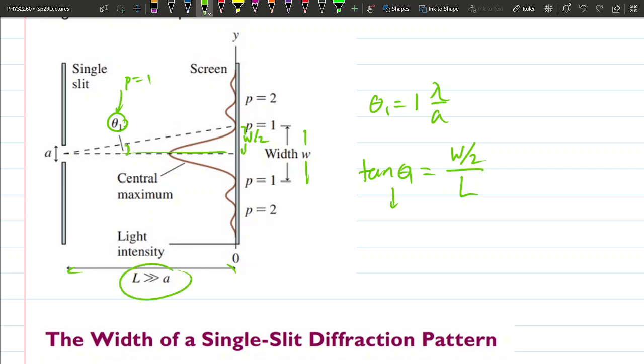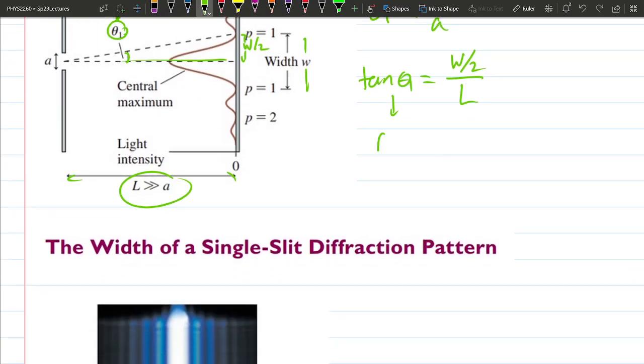If L is much bigger than a, then theta is a small angle, and therefore, sorry, tangent of theta is approximately theta. So we have this condition here.